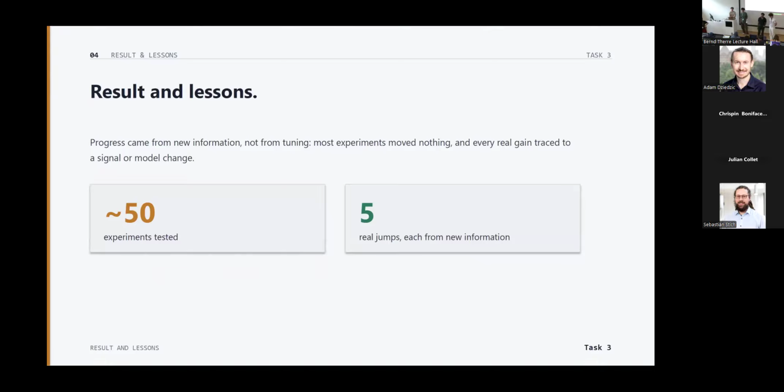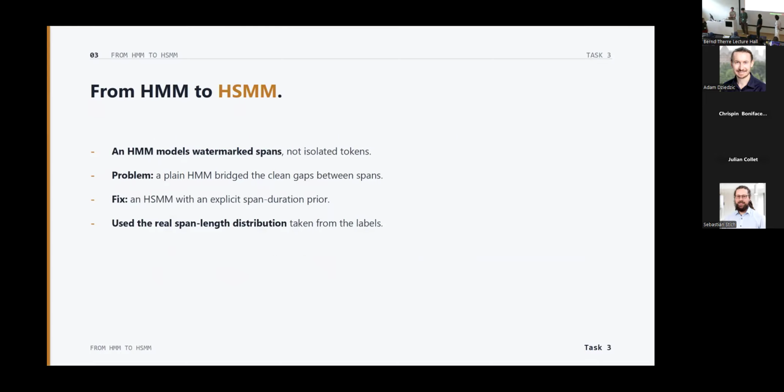Thanks for your talk. For the watermarking task again, you used the HMM and HSMM. Why, or how did you come up with this? Basically, it is important that if you have evidence for one token, then it is more likely that the tokens before and after could also be considered part of the watermark.